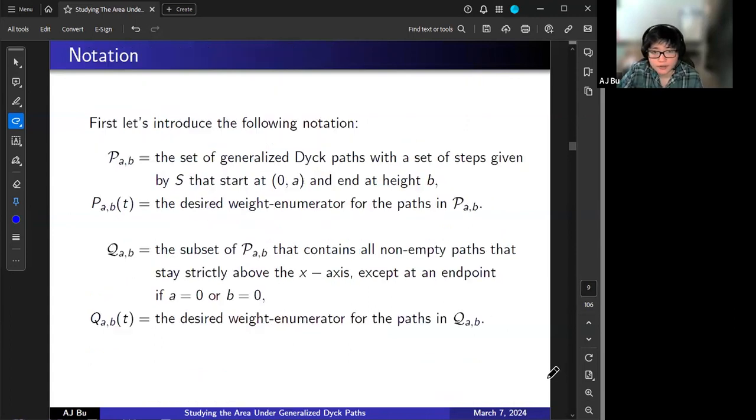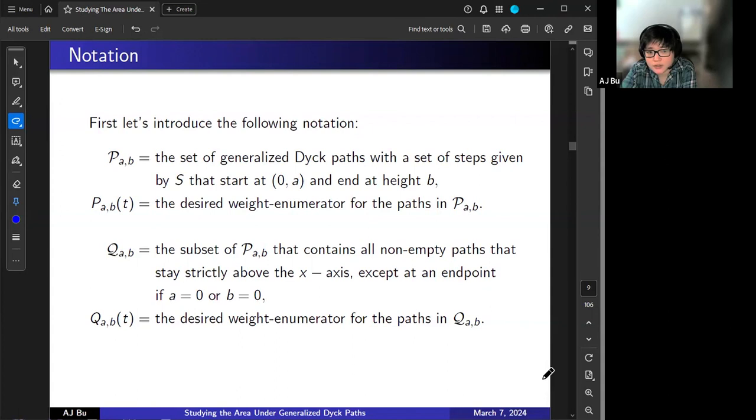Okay. So before we go into the process, I want to introduce some notation that we're going to be using. We're going to let P sub AB be the set of generalized Dyck paths with a given set of steps that starts at height A and ends at height B. And P sub AB of t is going to be its weight enumerator.